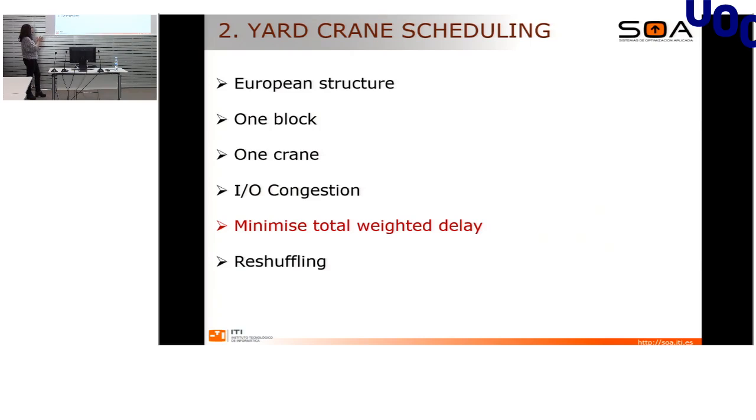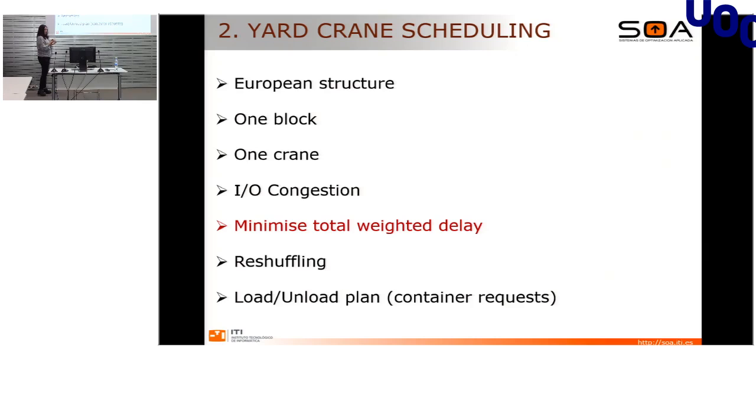So I have to spend an amount of time, and we are going to consider this amount of time as a constant. And we know the container request, or the load and unload plan, in advance in order to schedule the movements of the crane.